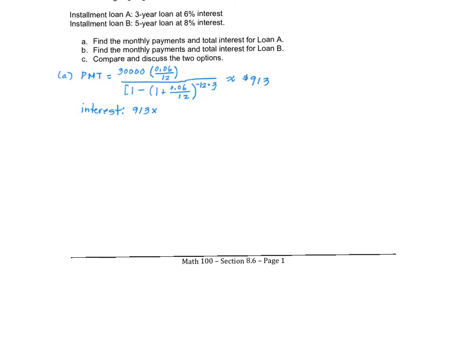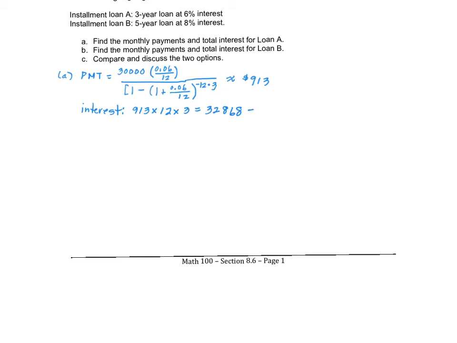We're given 12 payments a year, so times 12. The total loan is for 3 years, so times 3. In a calculator, that's going to give me 32868. So that's how much money we've paid total for this car that costs $30,000.